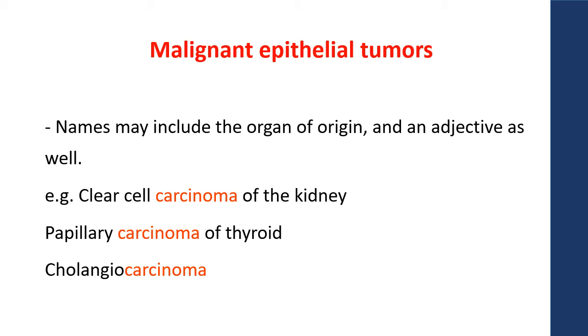If I have a malignant tumor in the thyroid producing multiple papillae, we call it papillary carcinoma of the thyroid. So we describe the tumor as we are describing it. Cholangiocarcinoma is a malignant tumor arising from the bile ducts and gallbladder. Also it affects the liver.